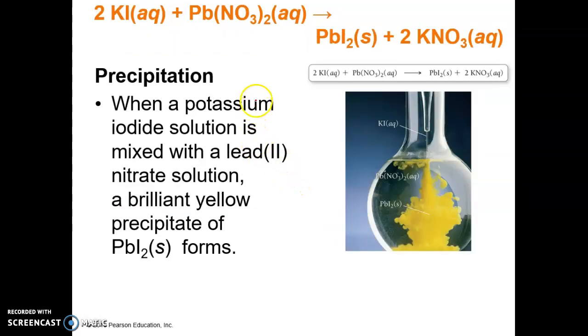All right, so here's an example of a precipitation reaction. You have potassium iodide, which is an aqueous solution, and you have lead 2 nitrate, which is an aqueous solution. When you combine them together, you get lead 2 iodide, which is a solid, and potassium nitrate. Let's go back and look at our solubility rules.